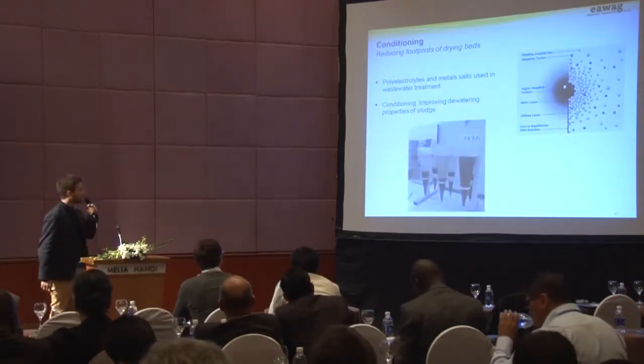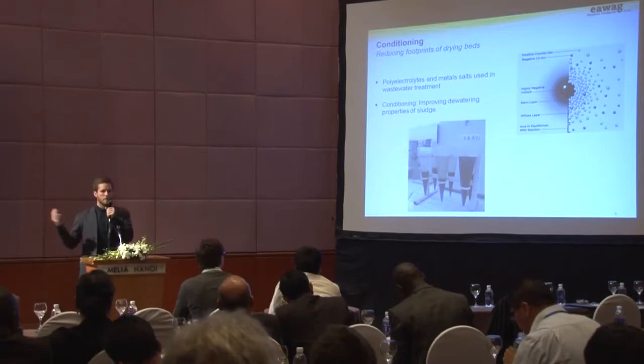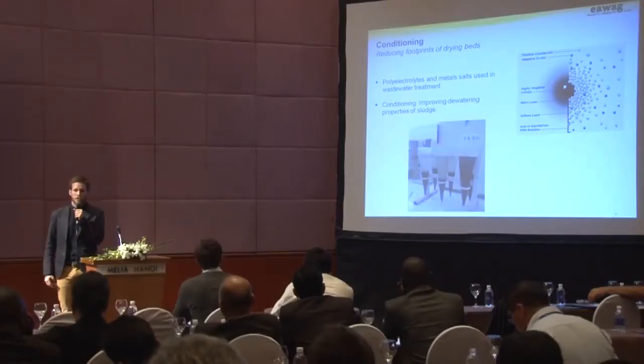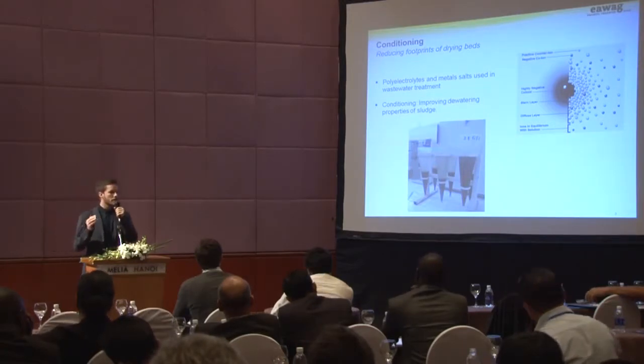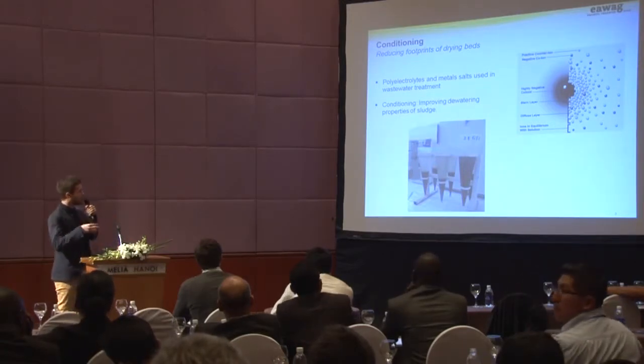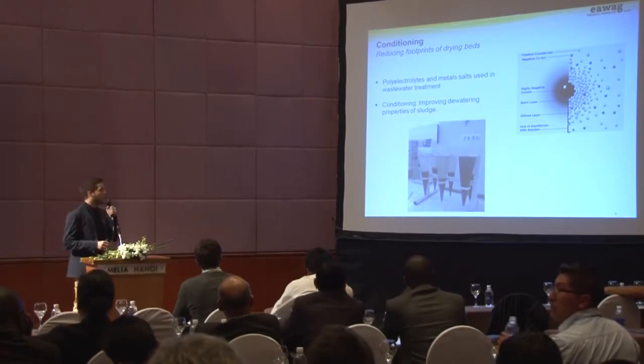So what we're looking at is something which, if there are wastewater engineers around here, I'm kind of a wastewater engineer trained in Germany. Polyelectrolytes, organic polymers and metal salts are used in wastewater treatment to increase the dewatering properties of sludge. Sludge particles are usually negatively charged, and by adding these materials and mixing them with the sludge, these negative charges get overcome, and bigger floc particles build up, which are easier to dewater.